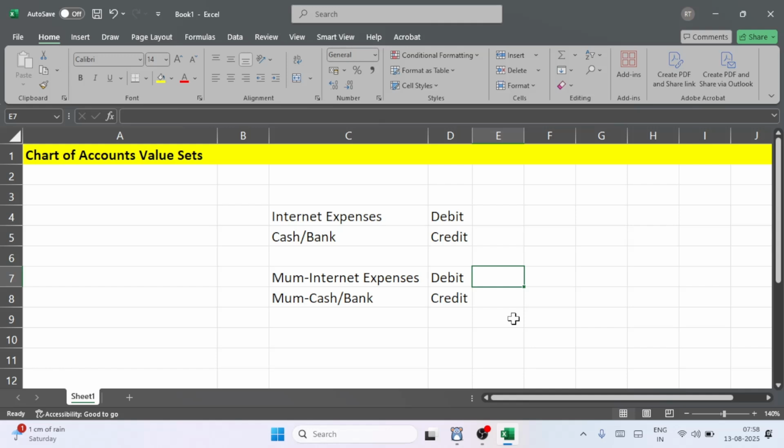Now, in olden days, from the bookkeeping standpoint, we would not segregate like Mumbai internet expenses. Because it's the bookkeeping standpoint, what is going to happen? Both the branches maintain their own books and ledgers, and every entity will be entering the information in its own books.